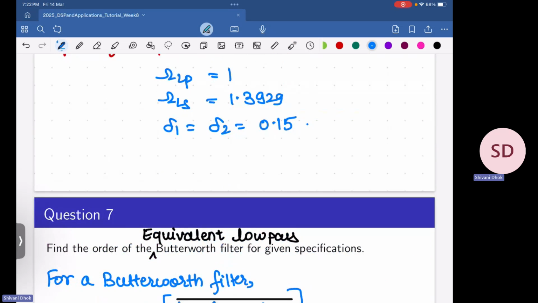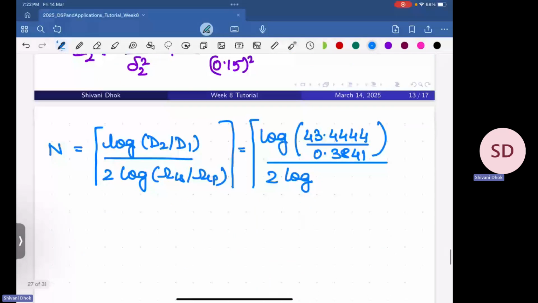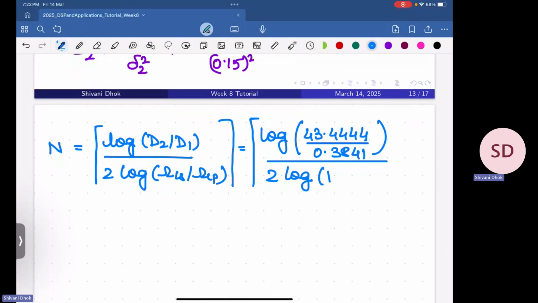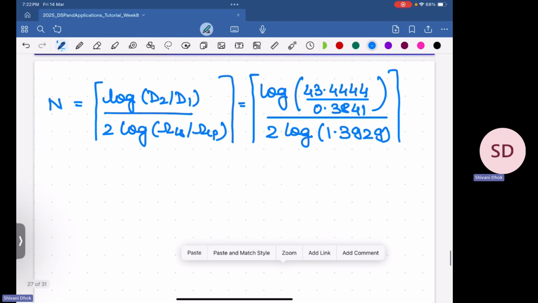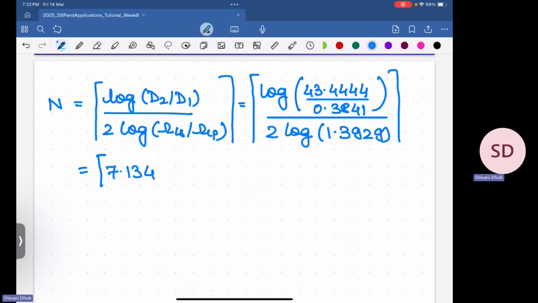Omega ls is 1.3929 and omega lp is 1. So omega ls by omega lp is simply 1.3929. Now if we use calculators to solve this, what we get is the ceiling of 7.1341, which is equal to 8.